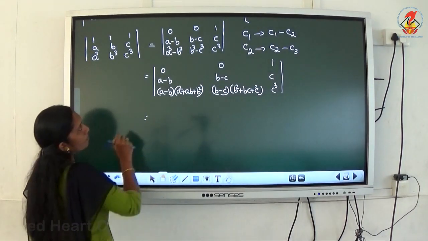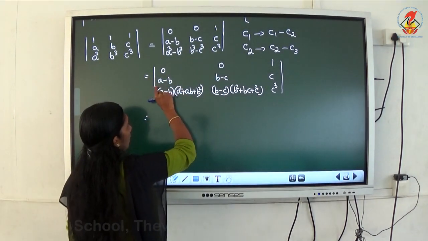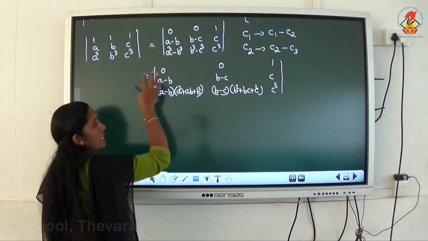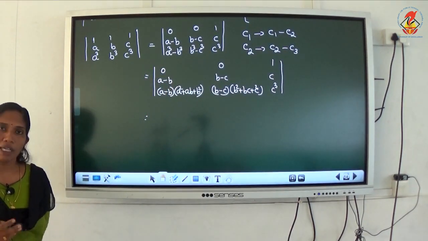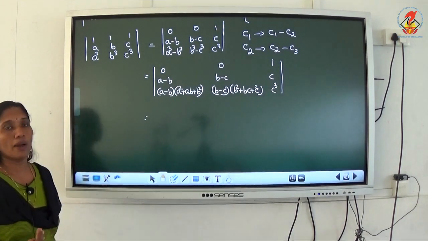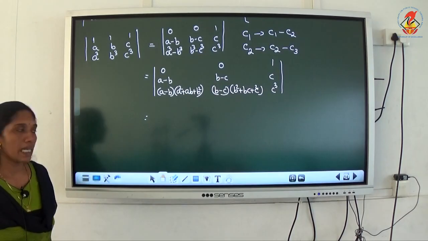Now look at the first column and second column. In the first column a minus b, a minus b, 0 means we can write as 0 into a minus b.